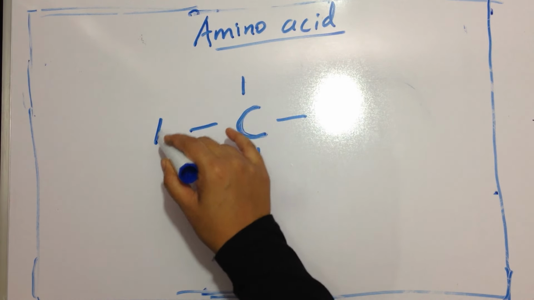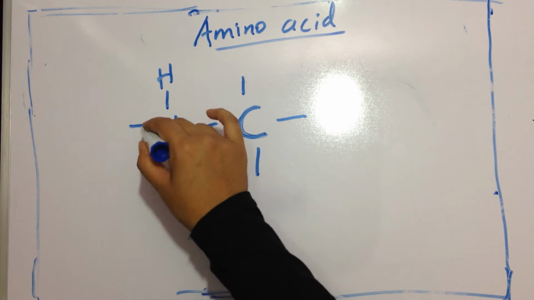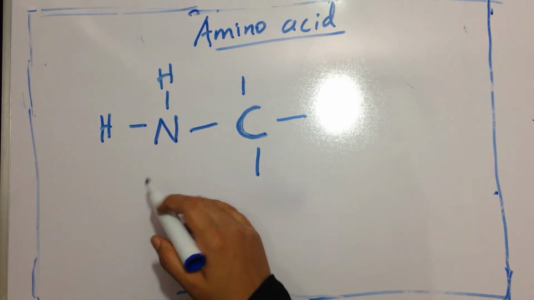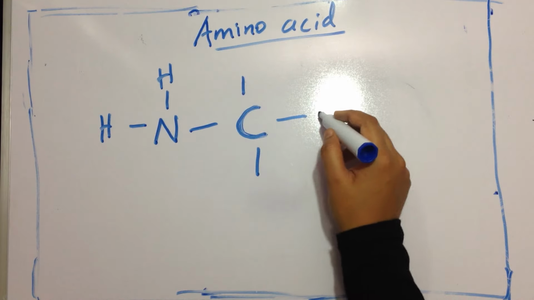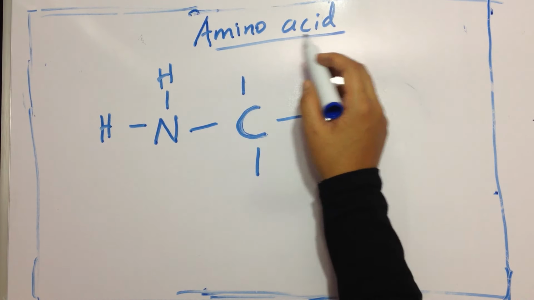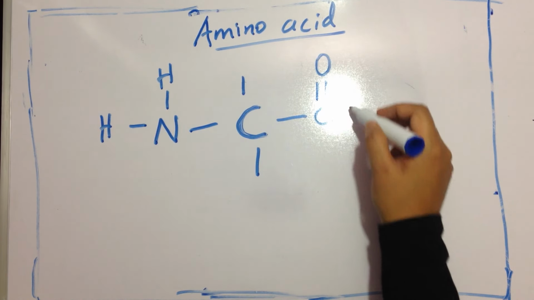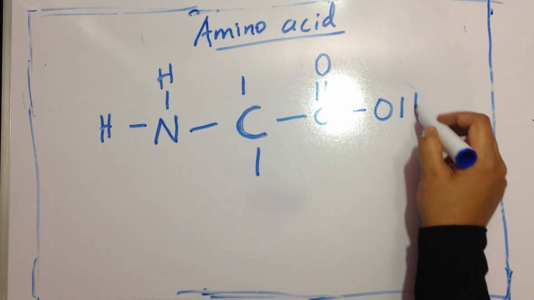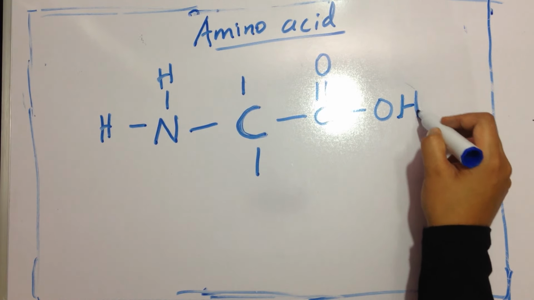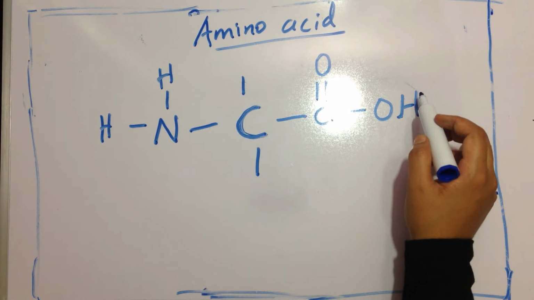So one bond is bonded to an amine group, which is NH2, and the other bond, as the name suggests, is the acid. In organic molecules, the acid is usually carboxylic acid, which is COOH, which I have drawn now.